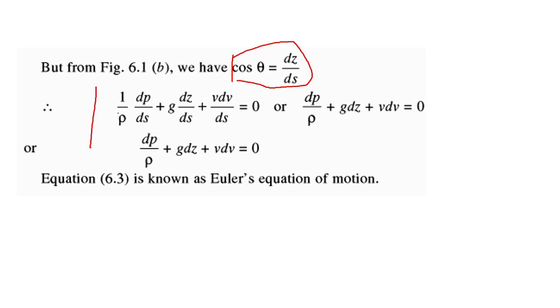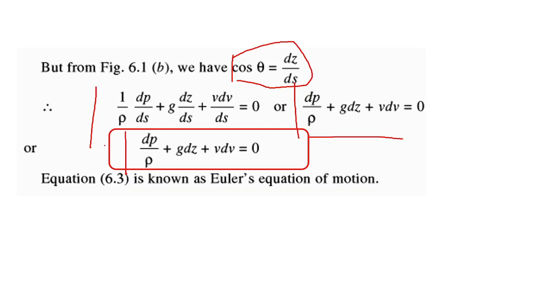1 by rho dou p by dou s plus g into dz by ds plus v dv divided by ds is equal to 0, or dp by rho plus g into dz plus v dv is equal to 0. So just rearranging, we can write dp by rho plus g dz plus v dv is equal to 0.